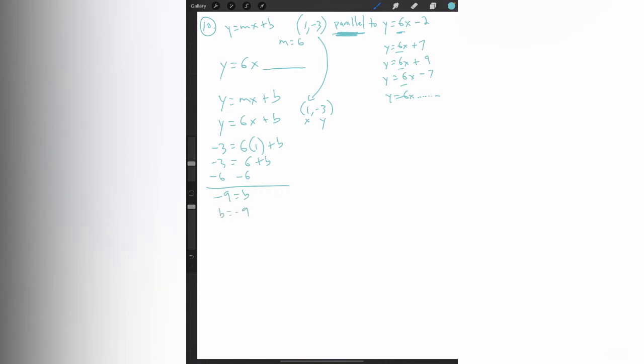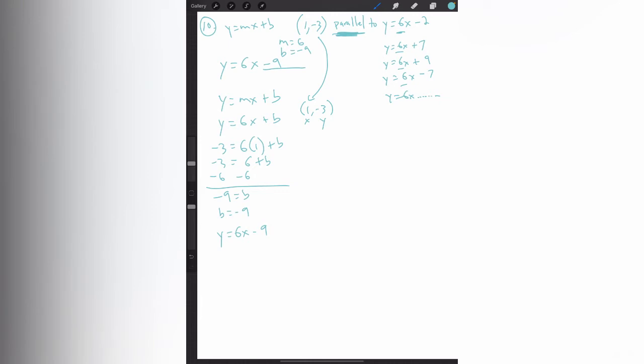All right, so I know b is negative 9. I know that my slope was 6. I know that my b is negative 9. So really, this problem, y is equal to 6x minus 9. So my answer at the very end would be y is equal to 6x minus 9.